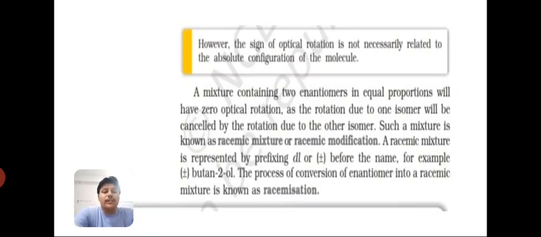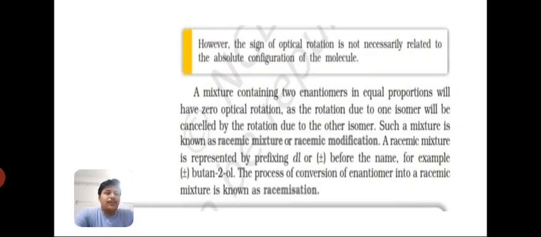We already discussed in the properties of enantiomers, if one is dextro then the other is levo. So when they rotate, they cancel their rotation. Clear? That's why it shows zero optical rotation.